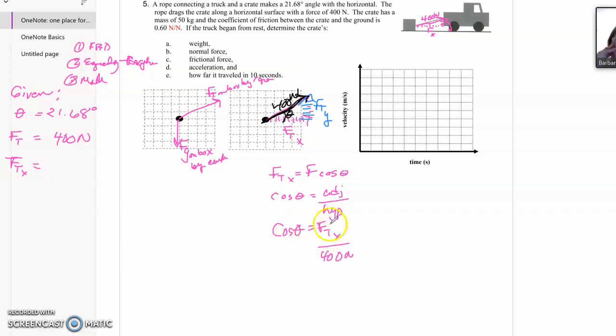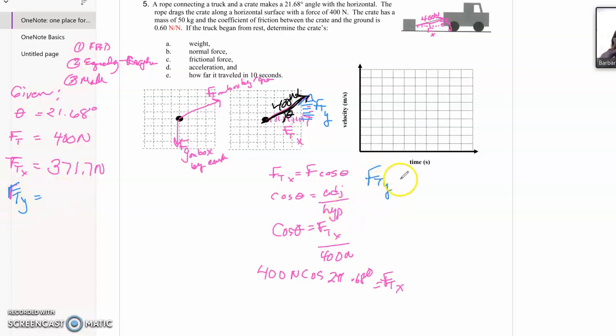So cosine theta equals F tension X over 400, or 400 cosine 21.68 degrees equals F tension X. Okay, so F tension X, 400 cosine 20, did I say 27? It's 21.68. Okay, so that's going to equal 371.7 newtons.